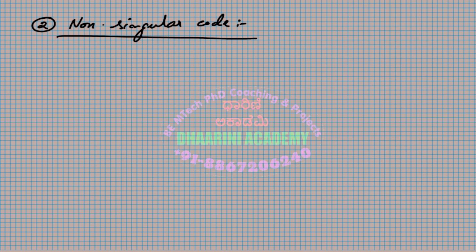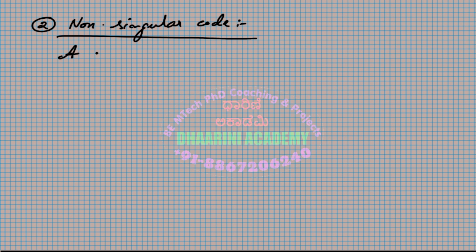If I have the same source S and same X given here, we can say that it is a non-singular code only if the code words are distinct. Whenever we have distinct code words possible, we call them a non-singular block code.